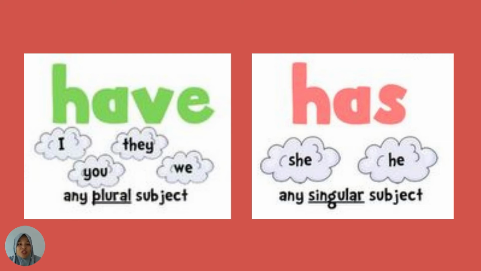So when the subject is more than one, you can use have. How about has? Has usually used with the subject she and he. But in singular and plural, has can be used with any singular object. So when the object is singular, you can add with has.